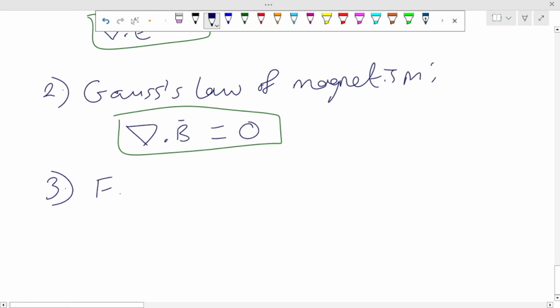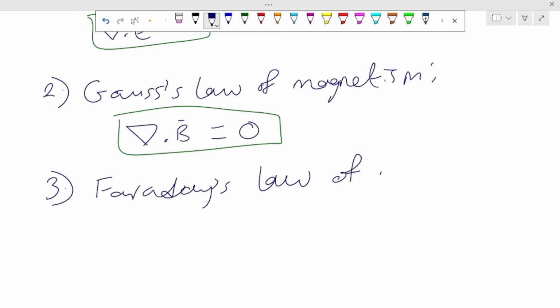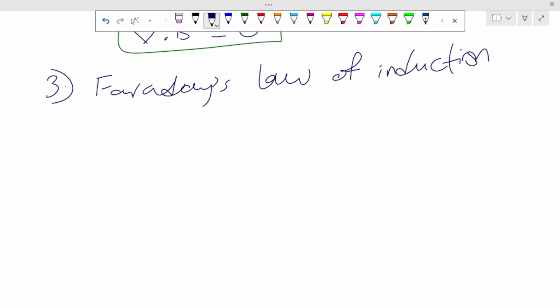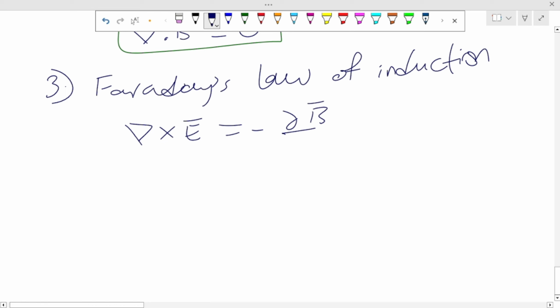Okay, third law. Faraday's law of induction. And for Faraday's law of induction, what do we have? We have that the curl of the electric field equals the negative of the rate of change of the magnetic flux.